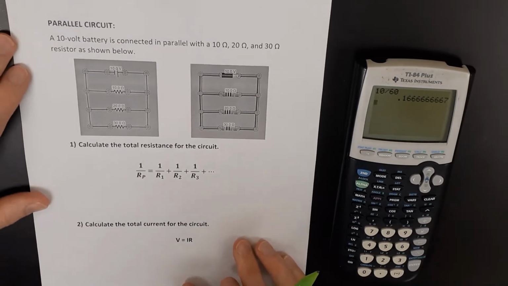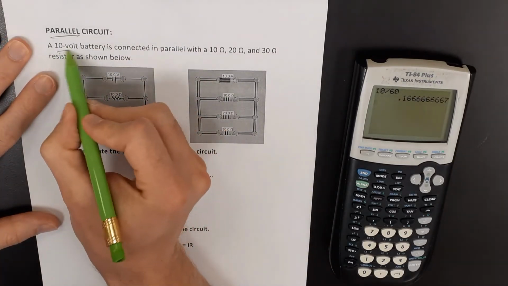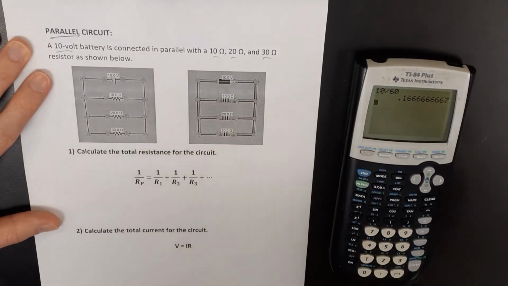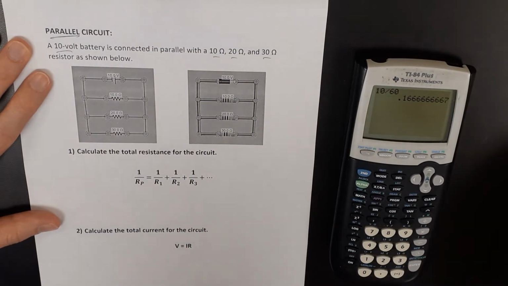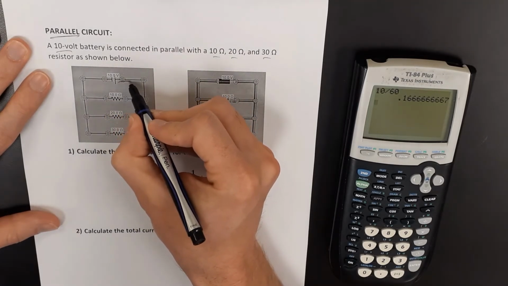All right, now let's look at a parallel circuit. Same battery, same 3 resistors, but now they're connected in a different way. I know this is a parallel circuit because I have multiple pathways.